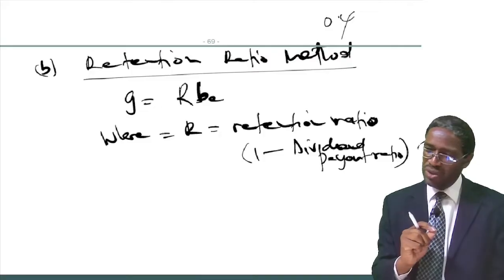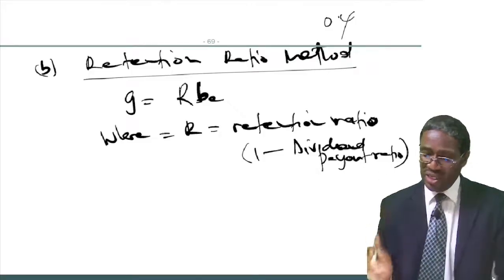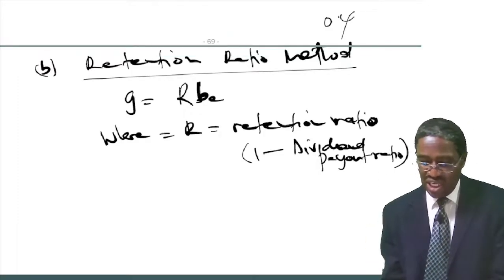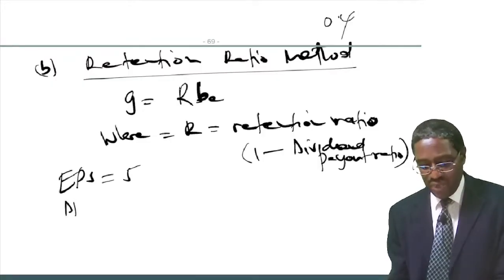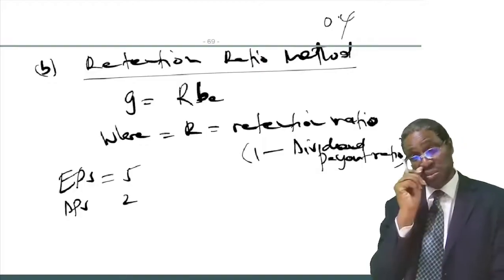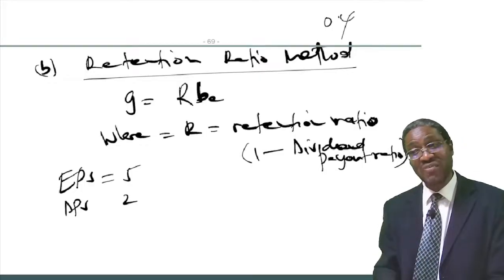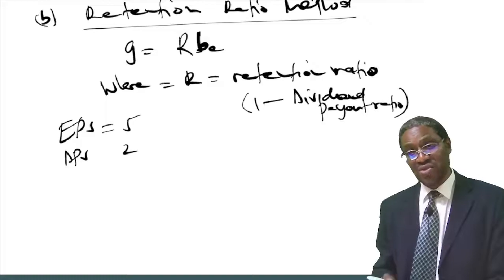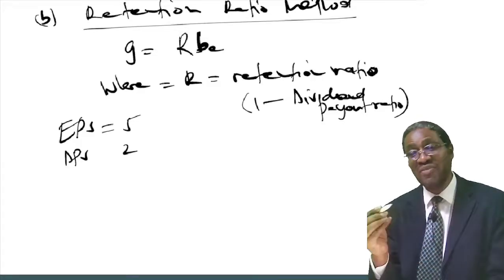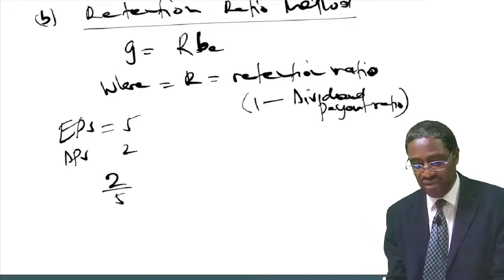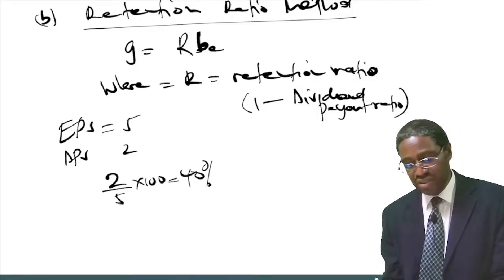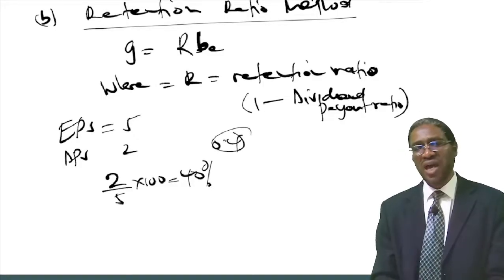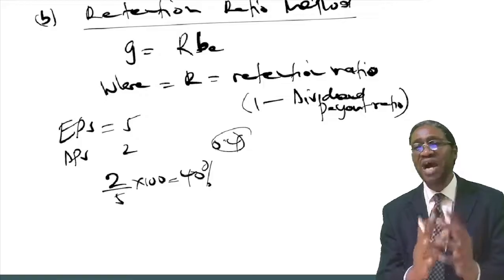Hope you are following. If the earnings per share was 5 and the dividend per share was 2, then the company has paid a dividend of 2 out of 5. So the dividend payout ratio is 2 divided by 5 times 100, which is 40%, the same as 0.4. Then out of 5, they retained how much?